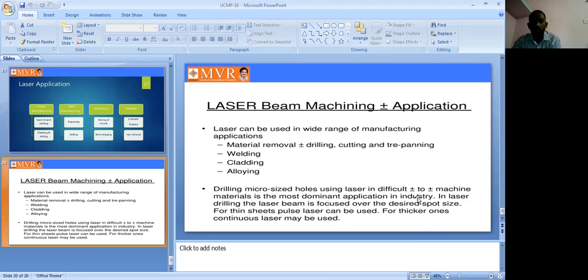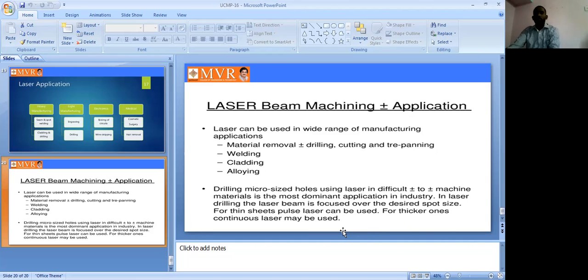In laser drilling, the laser beam is focused over the desired spot size. For thin sheets, a pulsed laser can be used. For thicker sheets, a continuous laser may be used. For both thicker and thinner sheets, we can use laser beam machining for drilling.